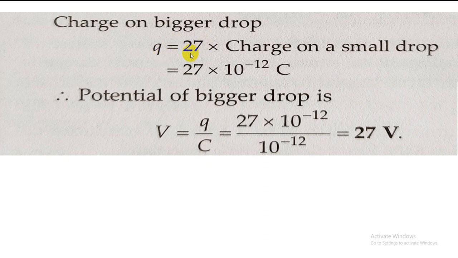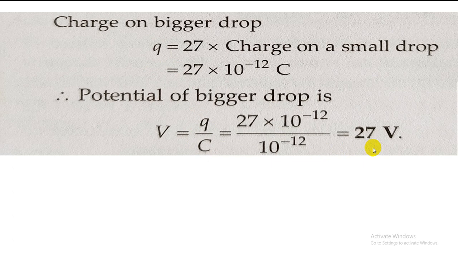The smaller drop has a charge which has to be multiplied with 27 to get the charge on the bigger drop, because the bigger drop is made up of 27 small drops. So the potential of the bigger drop will be the charge on the bigger drop divided by C, the capacitance of the bigger drop, which we have just calculated. Solve it, we get 27 volt, which is the answer.